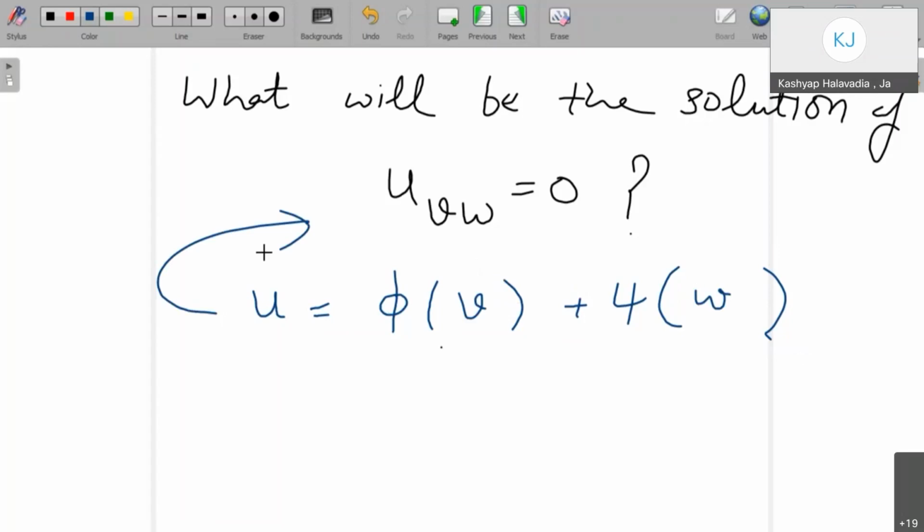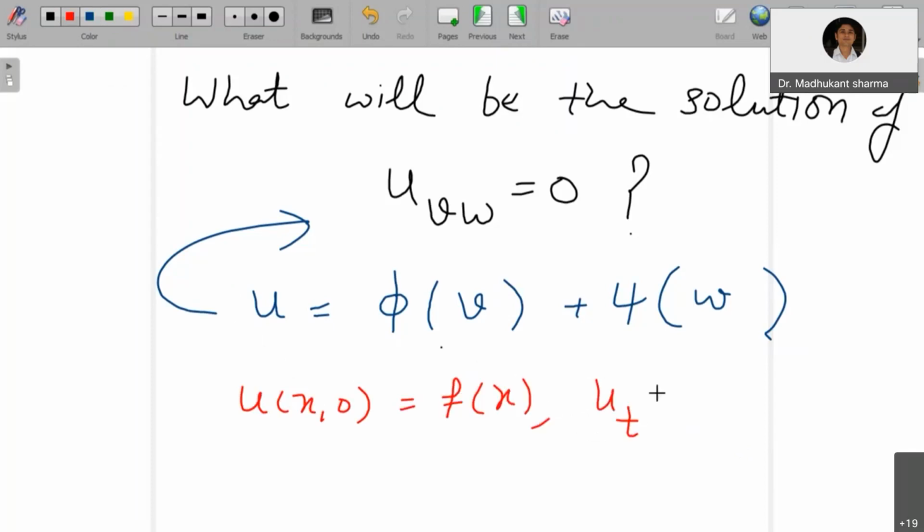Now your job is to identify what these arbitrary functions phi and psi are. Here the initial conditions will play the role. What are the initial conditions that were given? u at (x, 0) is f of x, and another initial condition is u_t at (x, 0) is g of x.